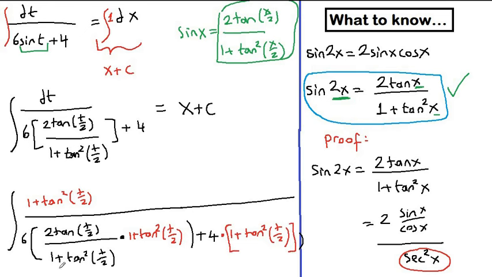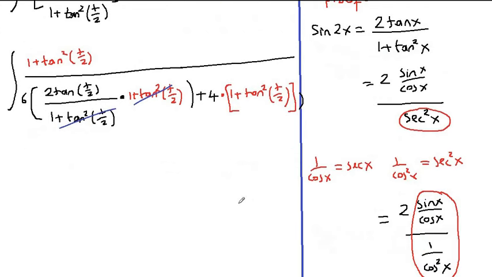Now the denominator cancels with 1 plus tangent squared of t over 2. Now let's rearrange.